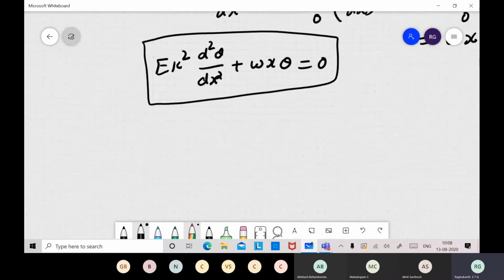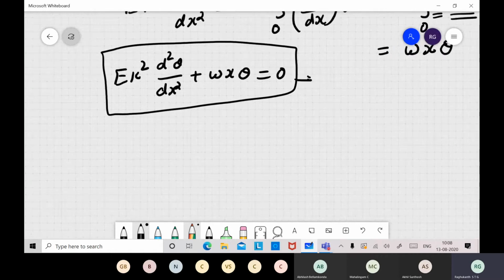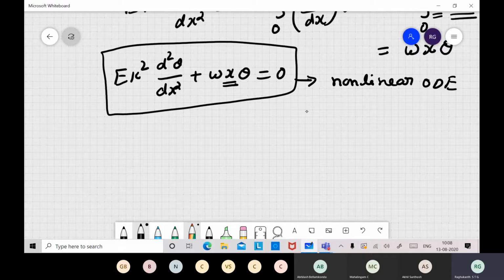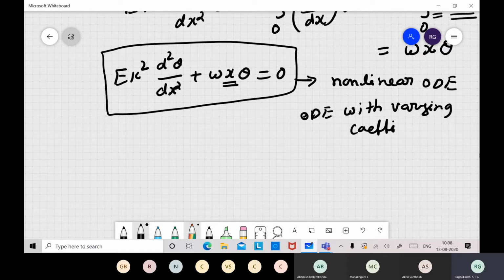If you see this equation, it is a nonlinear ODE, because your x comes here also, or you can also say it is an ODE with varying coefficients. These types of ODEs are very difficult to solve; they are not straightforward ODEs.